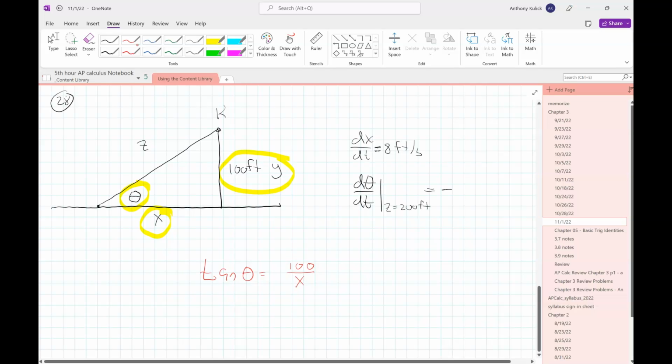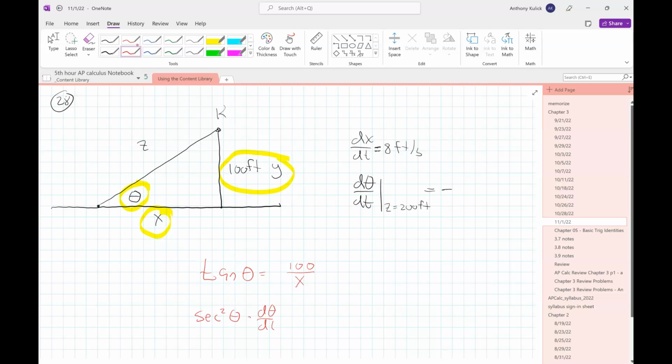Now let's differentiate with respect to t. So the derivative of tangent is secant squared, and then I get a d theta/dt there. And this is 100 times x to the negative 2 times negative 1.